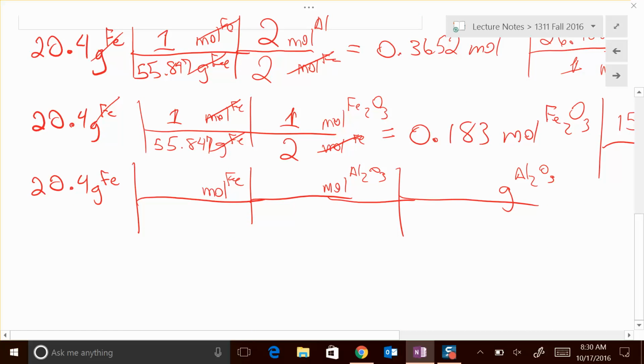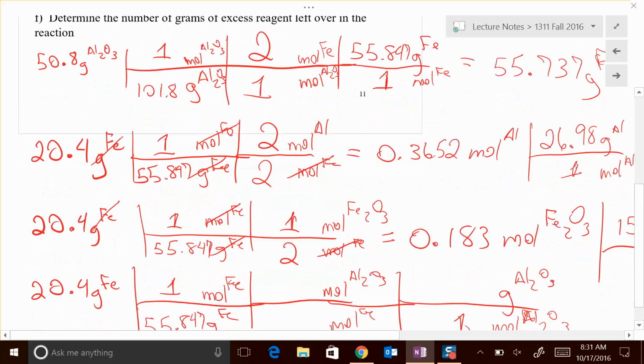Grams of Fe, moles of Fe, moles of Al2O3. Grams of moles, moles are 1. Grams of iron are 55.847. Grams of Al2O3 are 101.8.